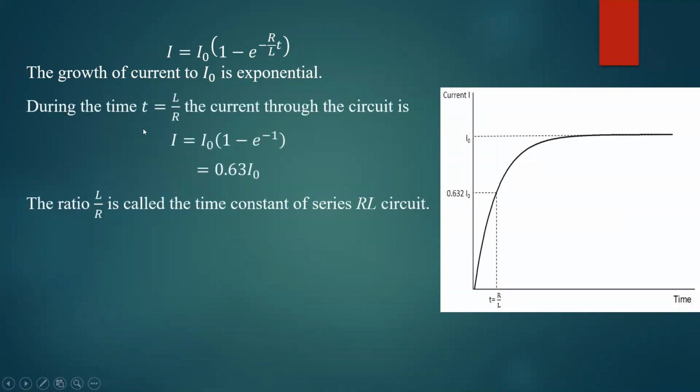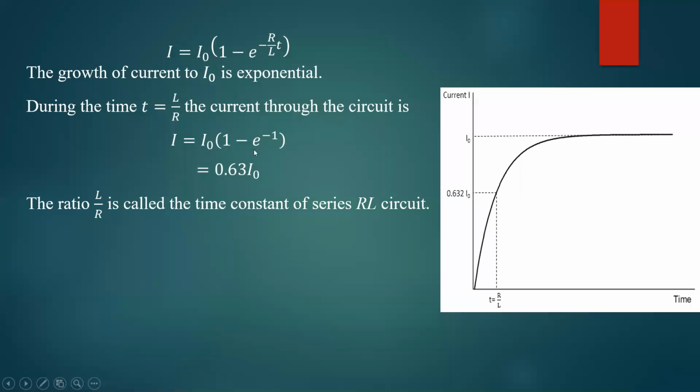Similarly, consider time T equal to L by R. Suppose you substitute T equal to L by R, R gets cancelled, L gets cancelled. Then the current through the circuit is given by I equal to I naught into 1 minus e to the power minus 1.